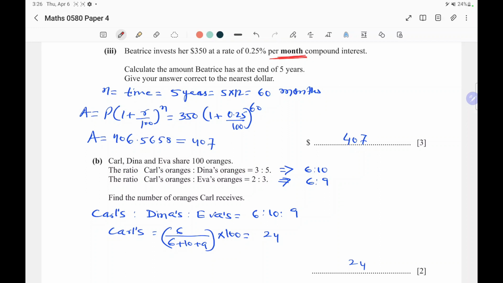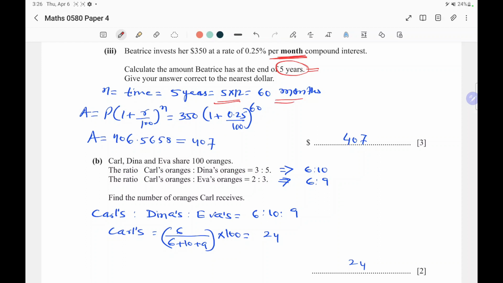Calculate the amount Beatrice had at the end of 5 years. Time is given in terms of 5 years, but they're asking about the compound interest in terms of months. So we have to calculate the time in months. N is the time, 5 years, which is 5 times 12, that's 60 months.